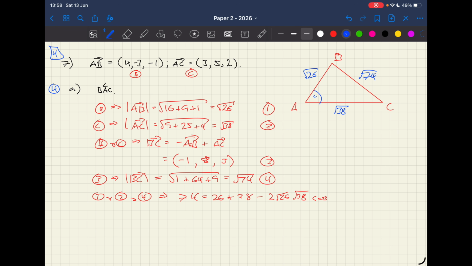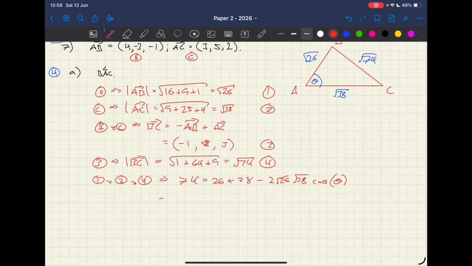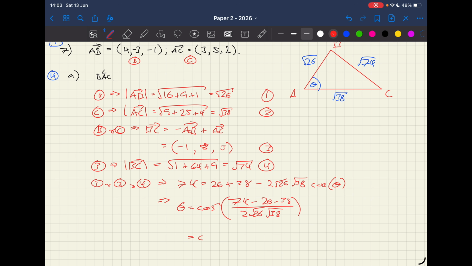Let's call it theta. So we're going to rearrange this for theta. Theta is inverse cos of 74 take the 26, take the 38, all over 2 root 26, root 38. Let's simplify this down a little bit.